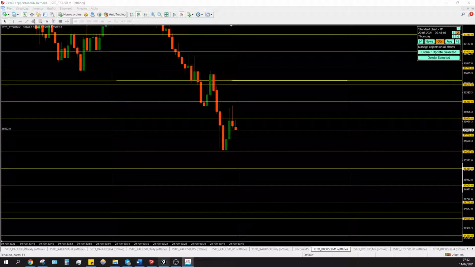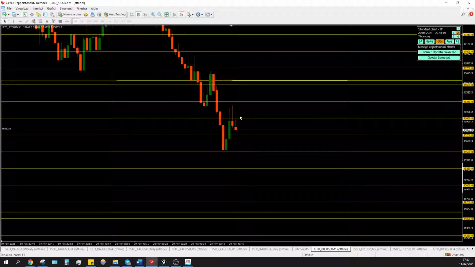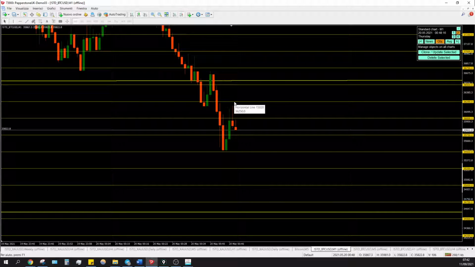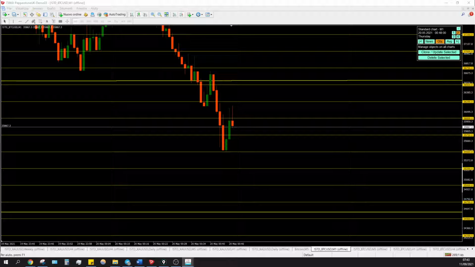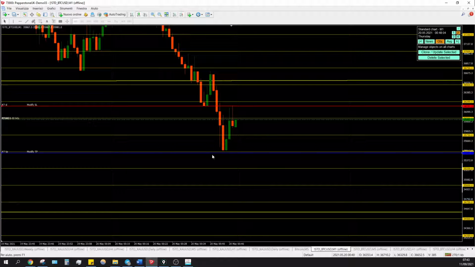Okay. The entry would have been here, but yeah, let me take this risk because I still don't know if it's going to be a profitable trade. 20 pips, take profit. We're going to take partials here, but of course the final take profit as far as possible.